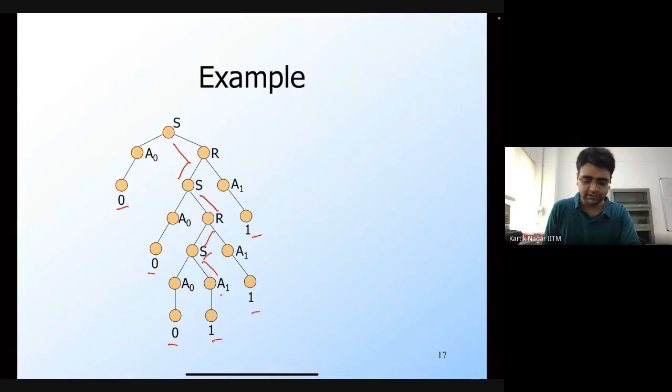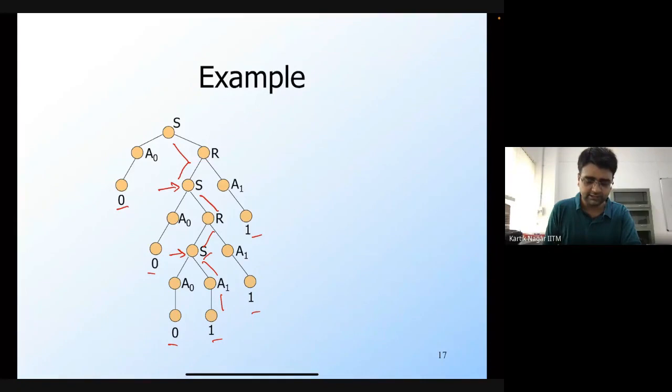So in particular, what I can do is consider this as the higher S and this as the lower S. Now what is u, v, w, x, and y here?